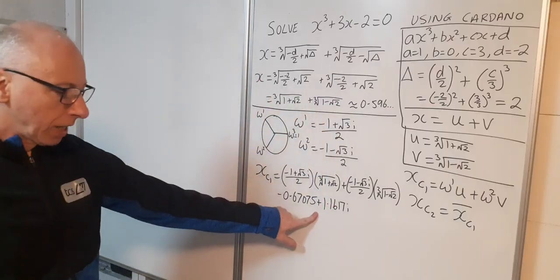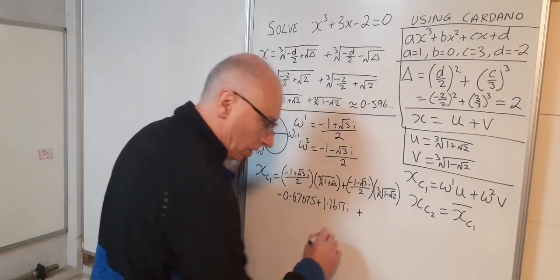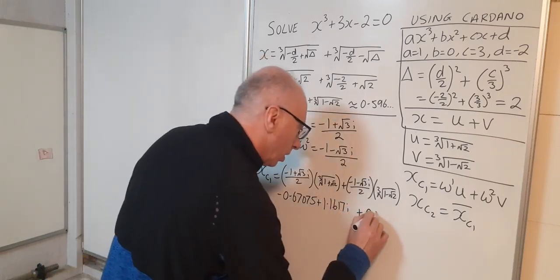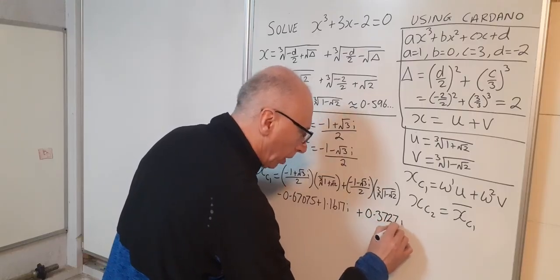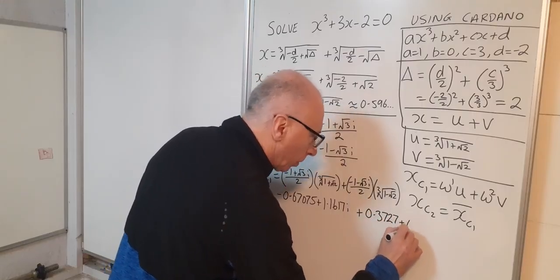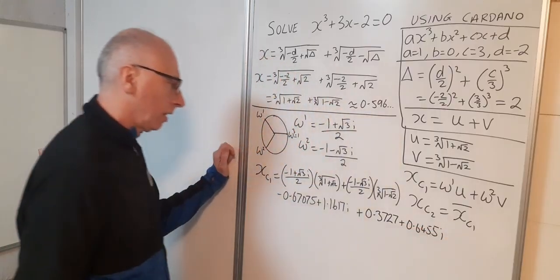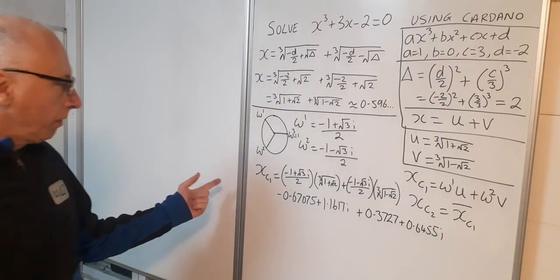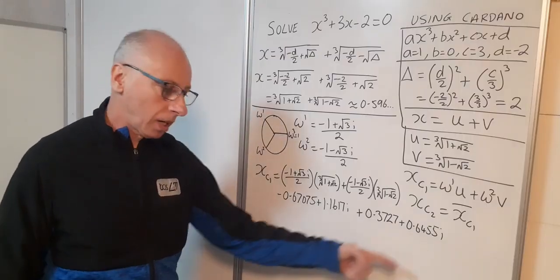That was that one. And then this one came to 0.3727 plus 0.6455i. Okay, now I can add those together, combining the real parts and the imaginary parts.